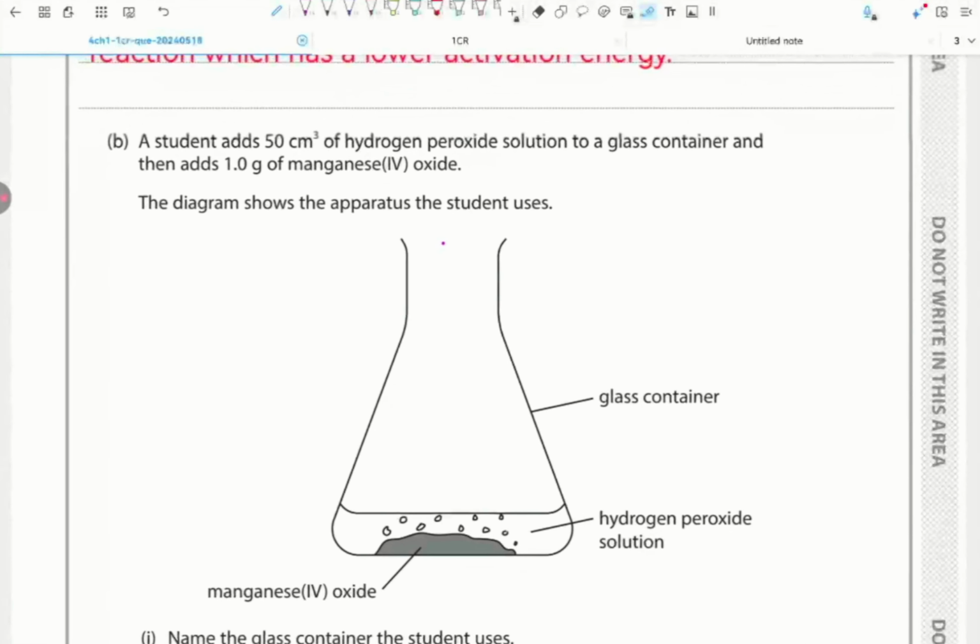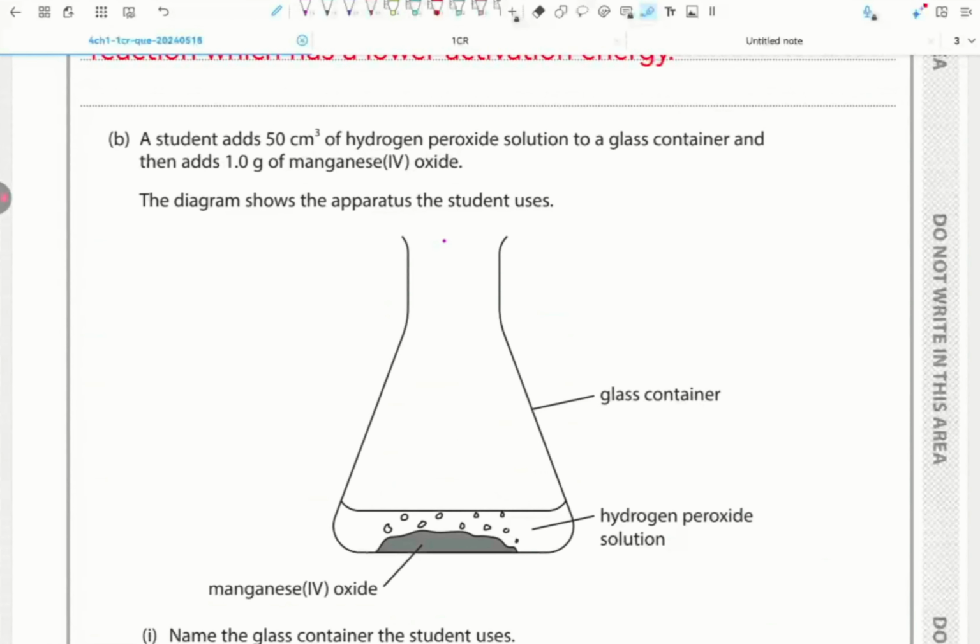Now, second question, as you see here, a student adds 50 cubic centimeters of hydrogen peroxide. So hydrogen peroxide is a solution. Solution means liquid.